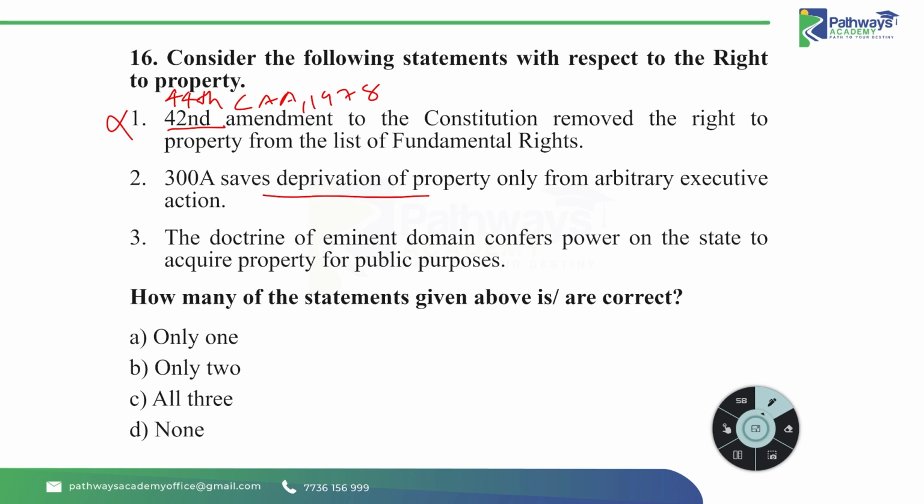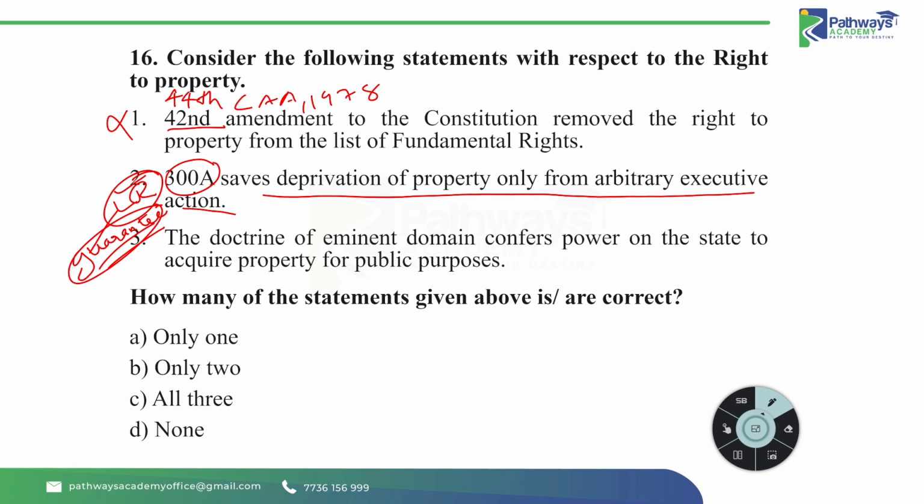Article 300A says deprivation of property only by authority of law, not from arbitrary executive action. Now this statement is right, isn't it? Which means now the right to property is only a legal right, which means there is no guarantee for compensation.